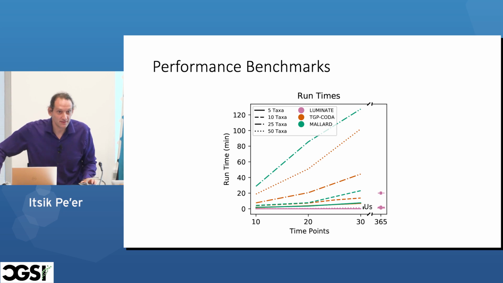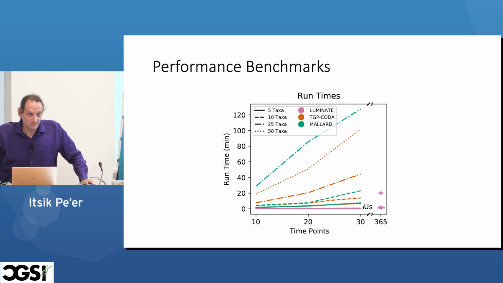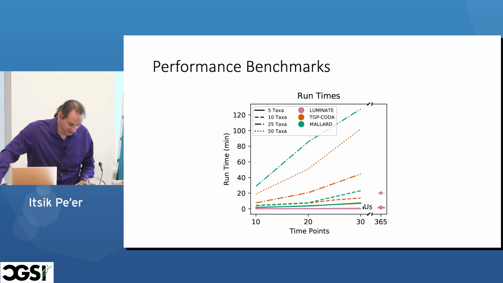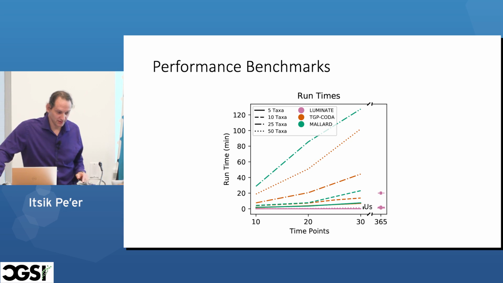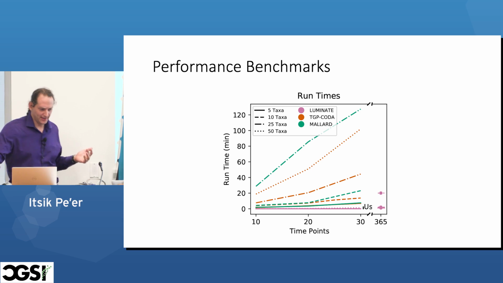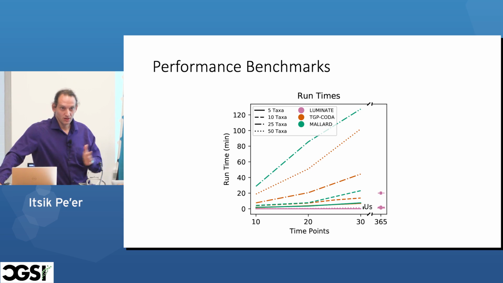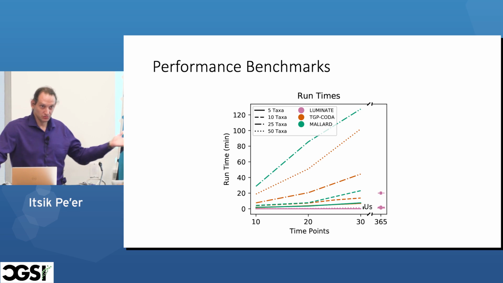Yes? So what's the typical number of taxa that you might see in samples? Like, is 50 the right number, or is it higher or lower? What's the typical number of taxa that you have in a sample? So it depends how low in frequency you go.